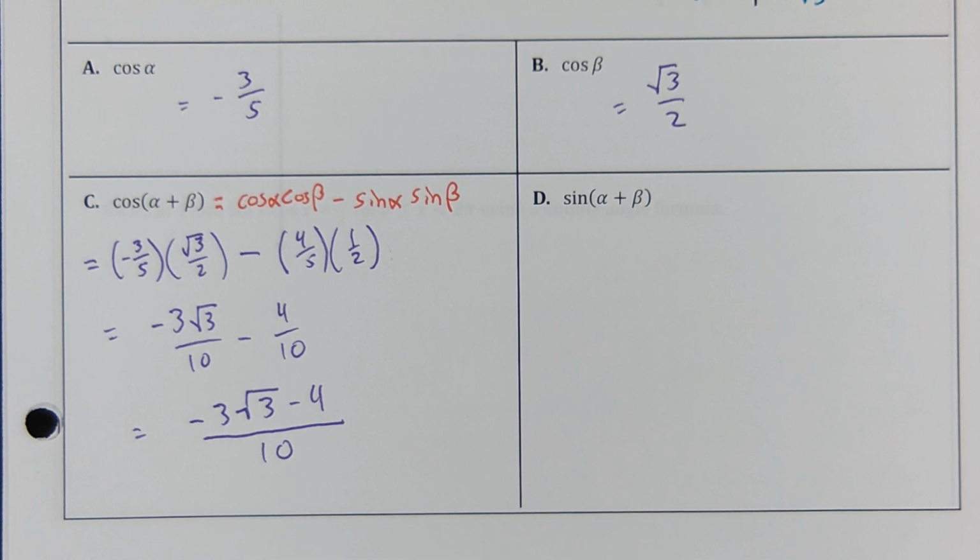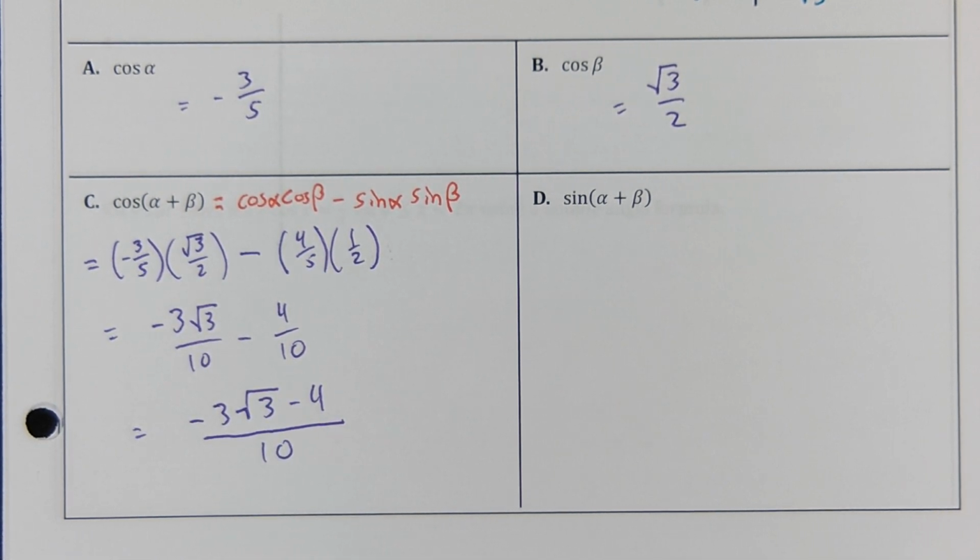Yes? You also know that angle beta is 30. Yes, we do know that angle beta is 30 degrees, pi over 6. But it doesn't really help us much because the 3, 4, 5 is not a nice angle. It's pretty ugly. Sine of alpha plus beta.